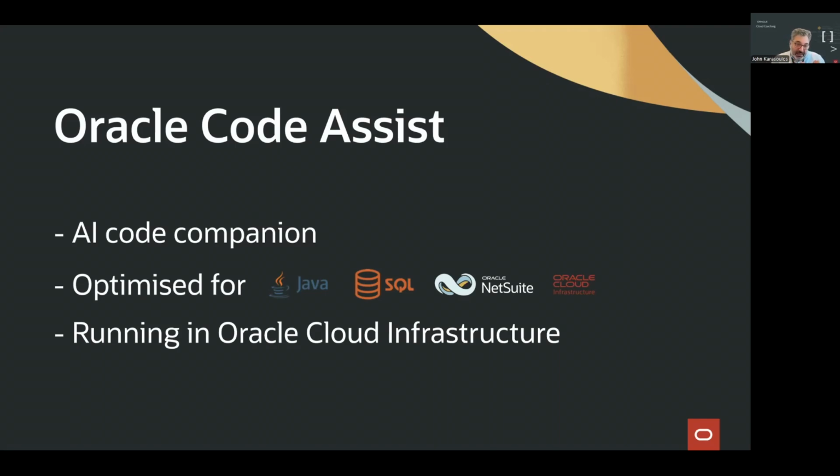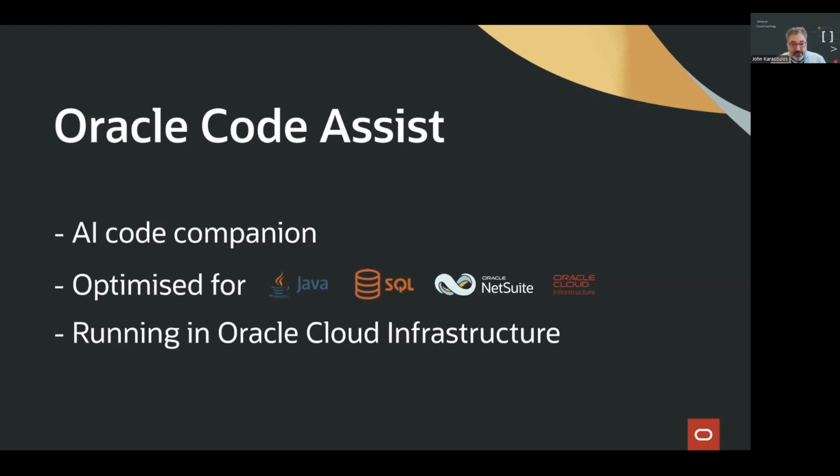This plugin is optimized as we speak, and of course the LLM model that supports this plugin, for Java, SQL, and Oracle NetSuite, and of course all of the Oracle Cloud Infrastructure SDKs. And the LLM that we are talking about is running currently in Oracle Cloud Infrastructure.